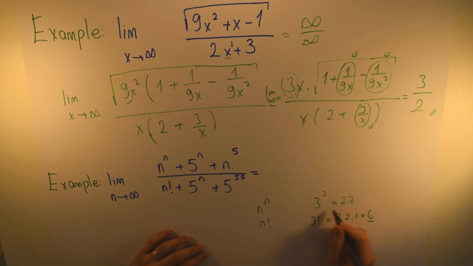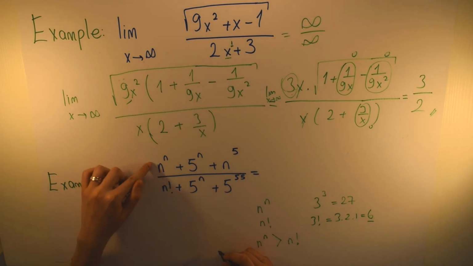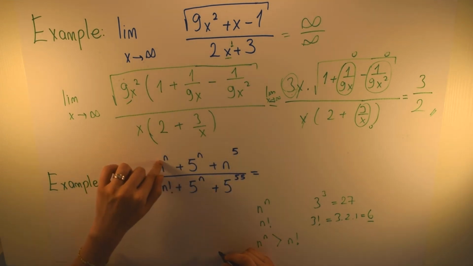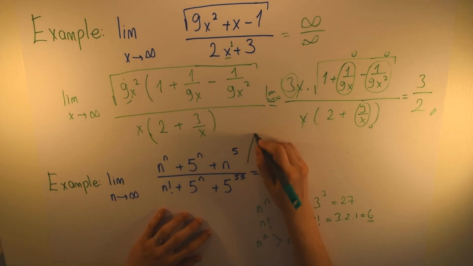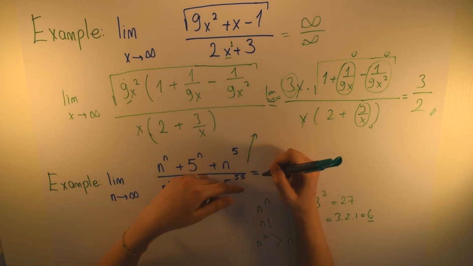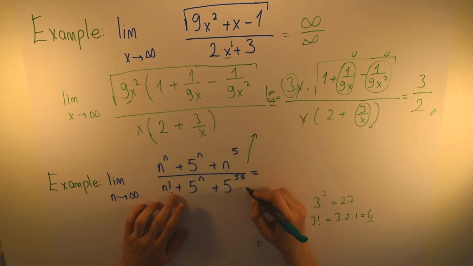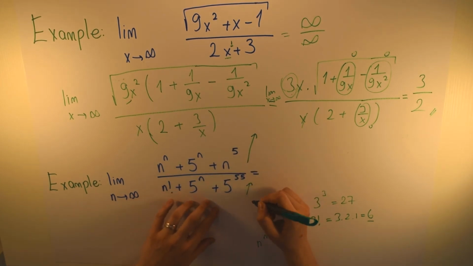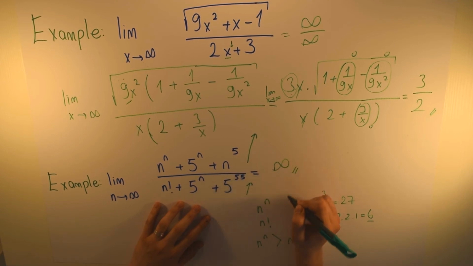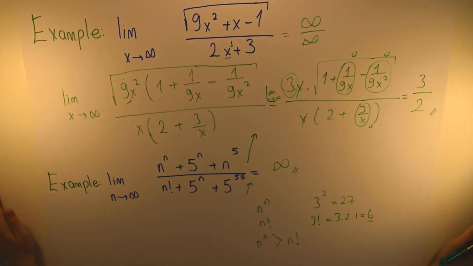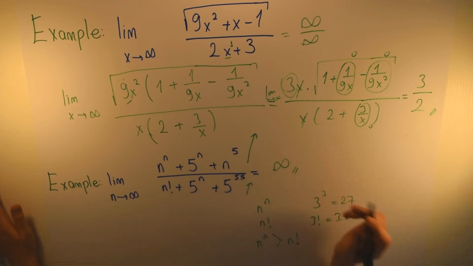As you can see, n to the power of n is greater than n factorial, which means the numerator, as we said before, is getting bigger faster than the denominator. So that's why its limit is equal to infinity, and this infinity is our answer to our example.